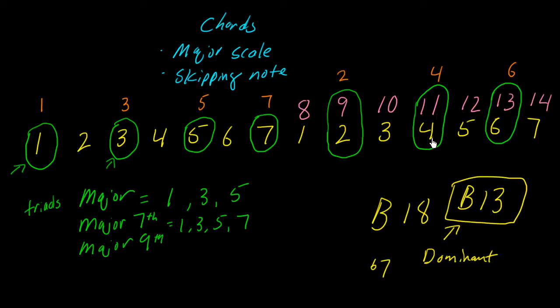You don't play this. So a true B13 chord, you would play the notes 1, 3, 5, flat 7, a 9 or a 2, 9. You skip the 11 or the 4, and you play the 13 or a 6. So that is what makes up a B13 chord.